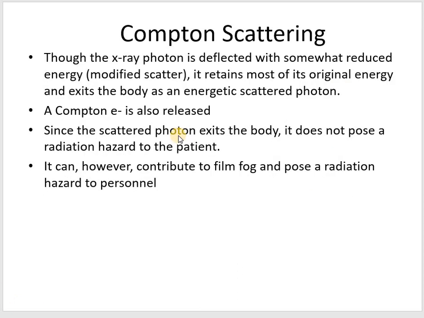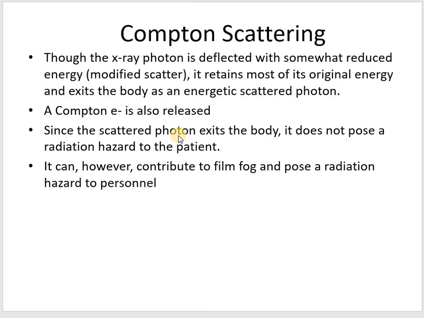In Compton scattering, as the X-ray photon is deflected with a much lesser energy, it retains most of its original energy and exits the body as an energetic scattered photon, because the energy transferred to the electron is always very low or near to zero, as I said earlier.